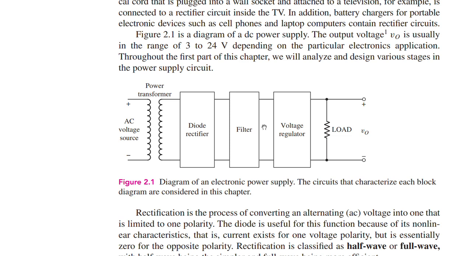Like if the load is larger, a high value resistor, the ripple might be small. But if the value of the load is small, that is, we want a larger current drawn by the load, the ripple will increase. So to make the output voltage ripple independent of the load, we add a voltage regulator stage. So in the beginning we have only covered the diode rectifier circuit.